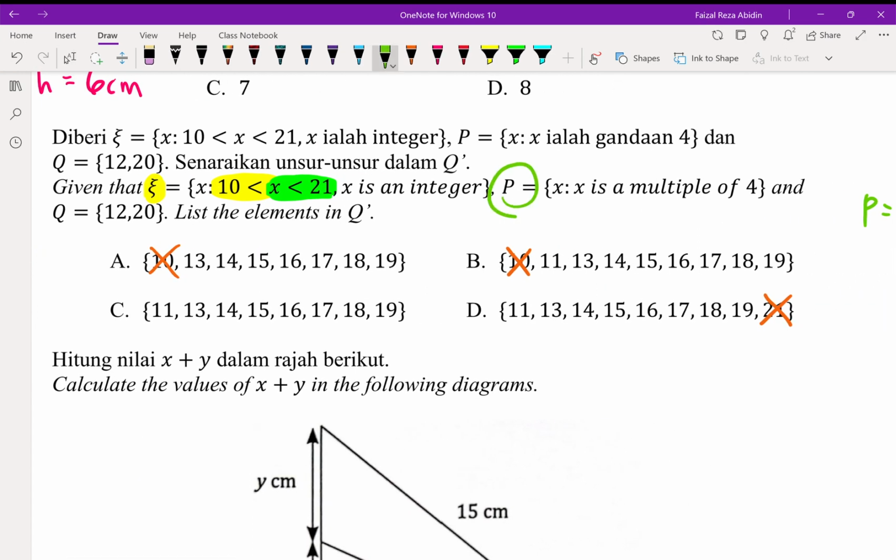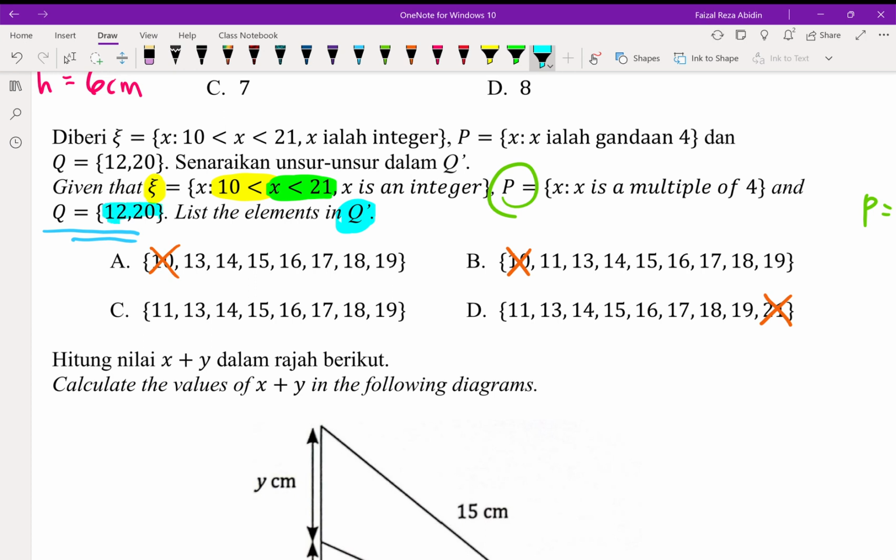Our Q is given already: 12 and 20. So if you look over here, list the elements of Q prime. Q prime is the complement. What does complement mean? Other than 12 and 20.